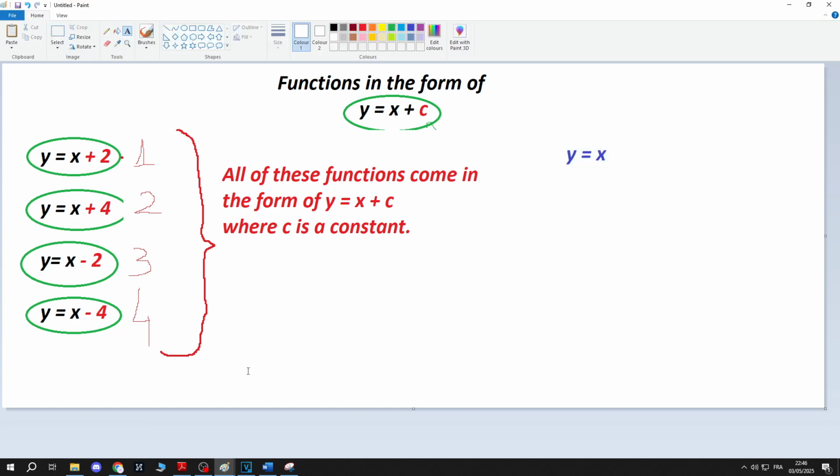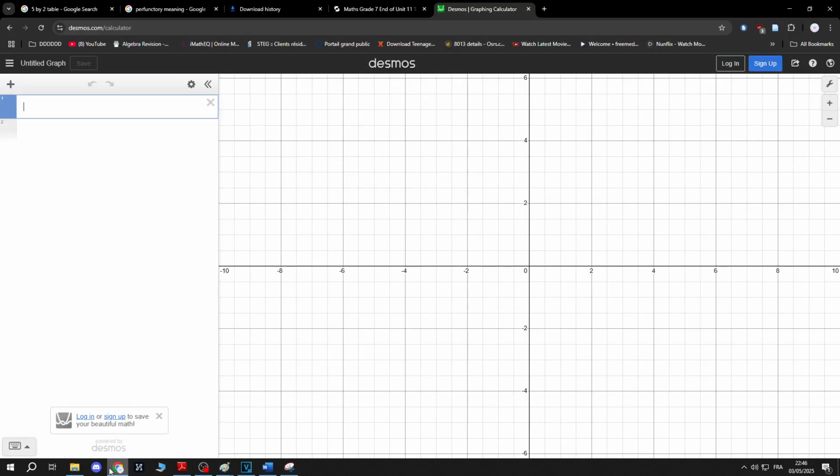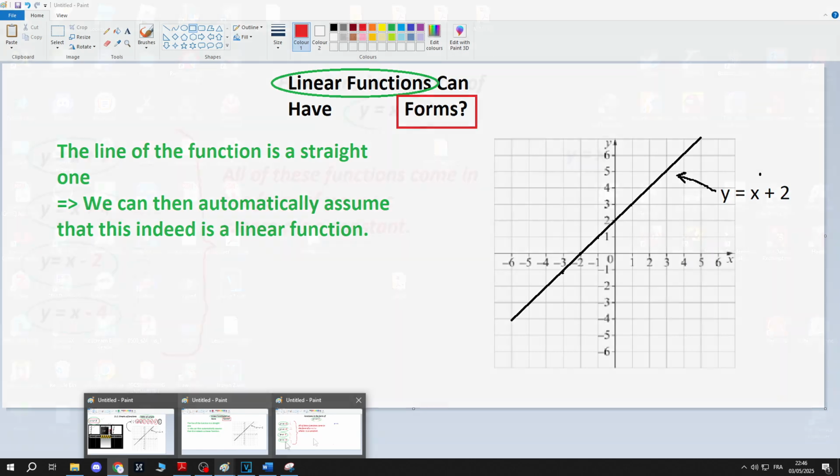Now, the last thing I'm going to talk about in terms of y equals x plus c is another pattern that we see for all of these functions. And for this, I will use the help of my graphing calculator. This is desmos.com/calculator. And I will input all of my functions, okay?